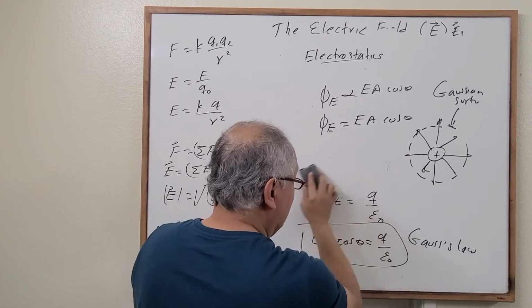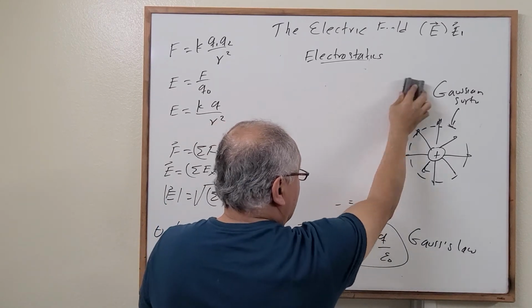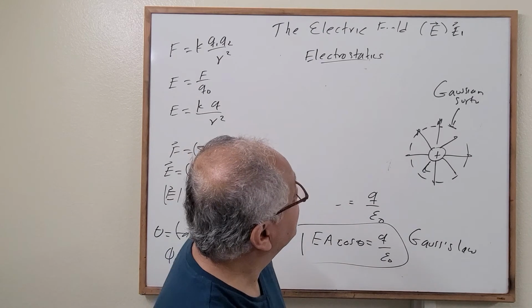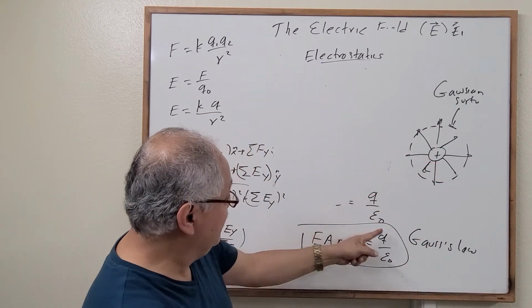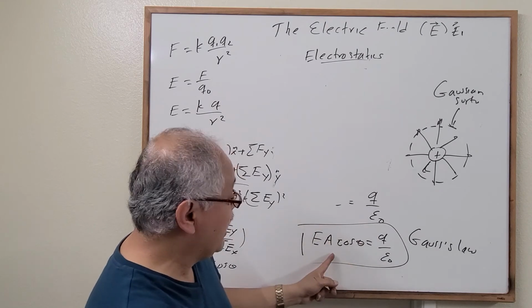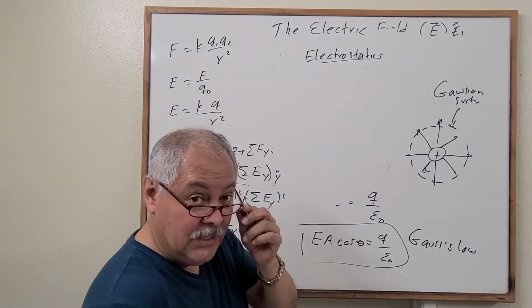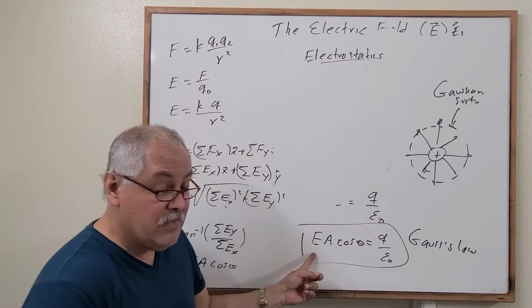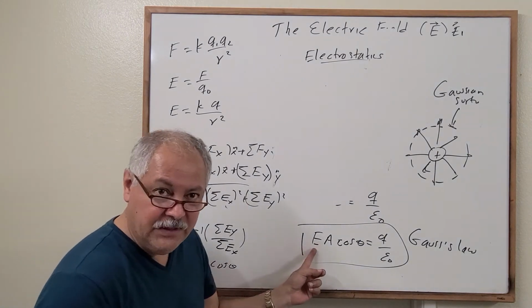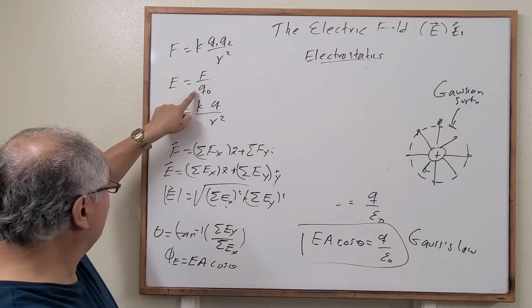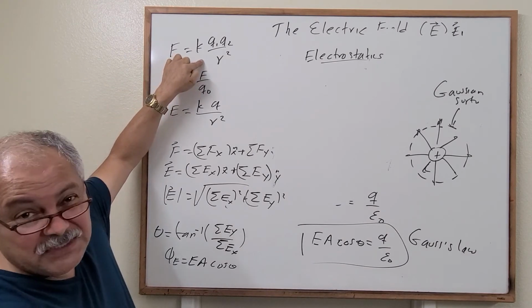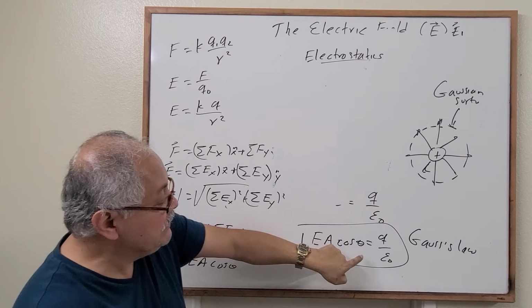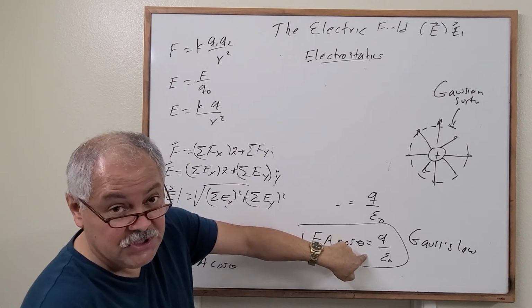Alright, in this case we have this point charge. For this point charge, we use again Gauss's law to calculate the electric field. Remember, we have another way to calculate the electric field, using Coulomb's law. These two, right? But in general, that is harder to do than this. This is much easier.